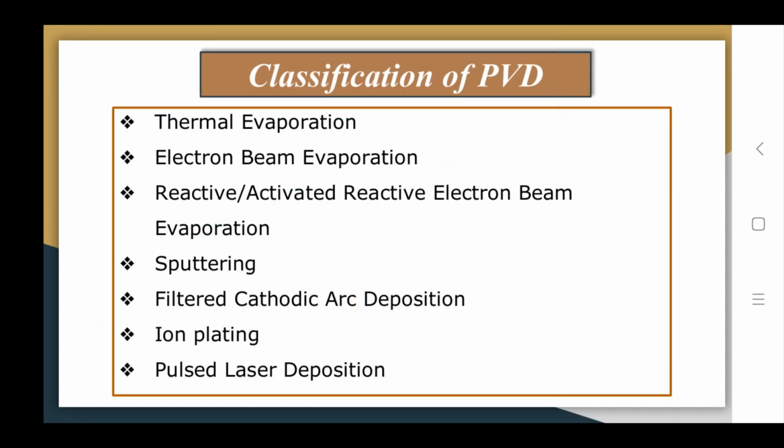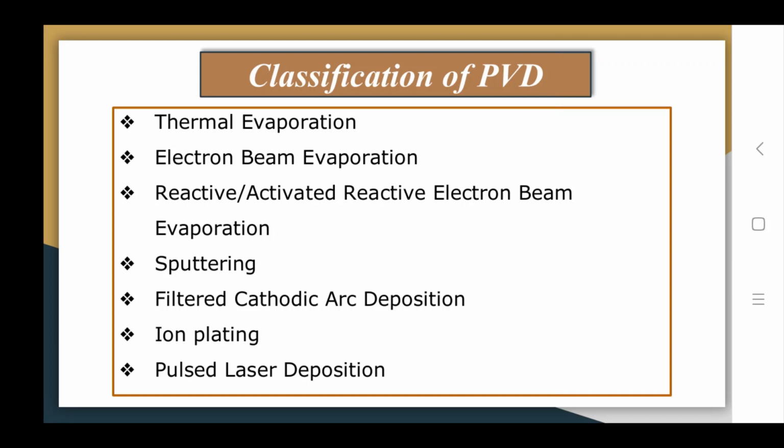Okay, let us move to the next slide. Now we are going to discuss the classification of PVD, the physical vapor deposition process. There are several types of classification available, in terms of how we are going to modify those samples, how we are going to agitate the material, how we are going to do the coating, or what form of energy we are using to agitate the material and do the coating over the substrate.